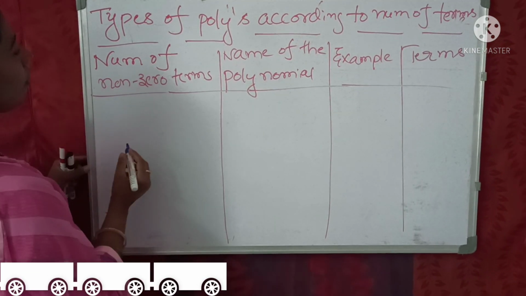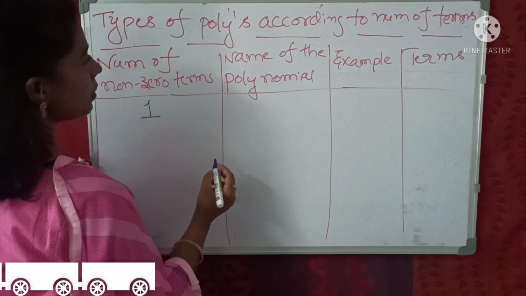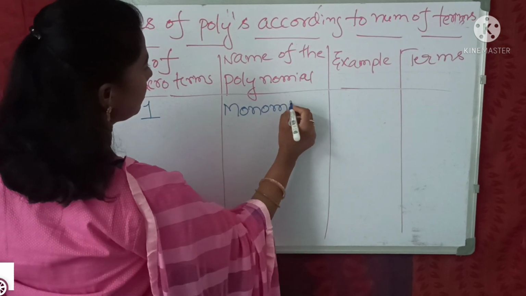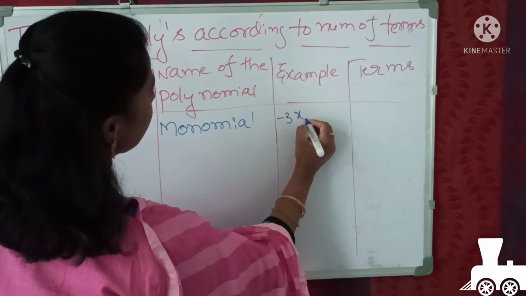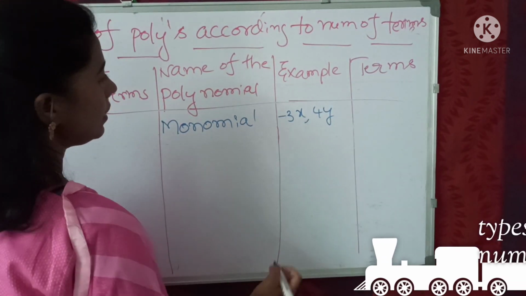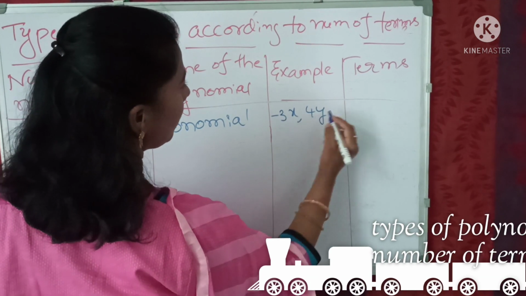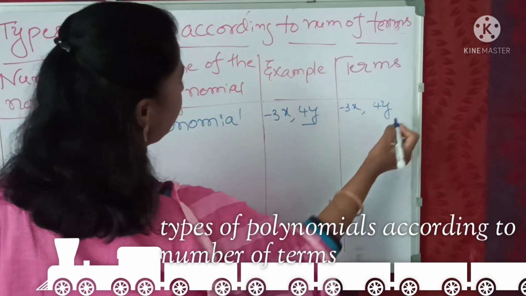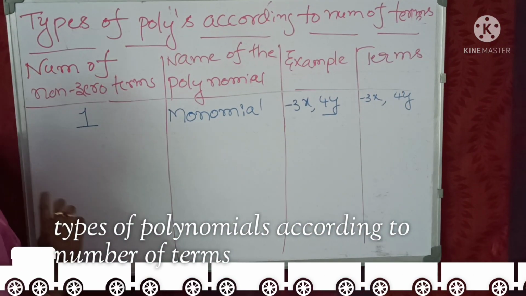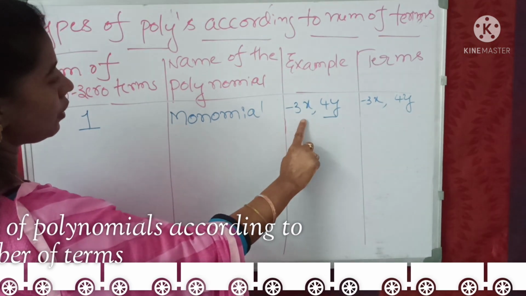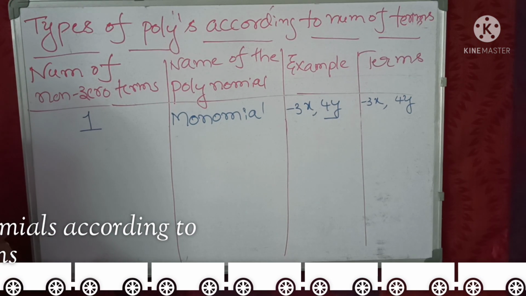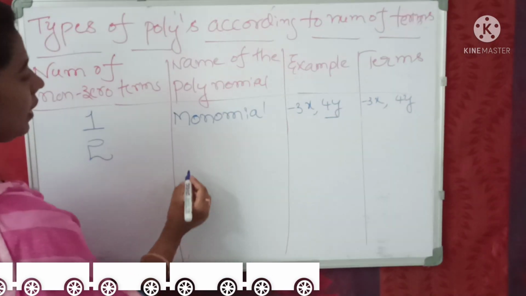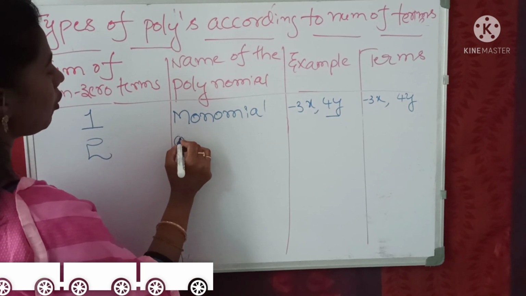If the number of non-zero terms is 1, the name of the polynomial is monomial. Examples are minus 3x, 4y. In the first monomial, the term is minus 3x. In the second monomial, the term is 4y. So if a polynomial has only one term, it is called a monomial. Next, the number of non-zero terms is 2, and the name of the polynomial is binomial.